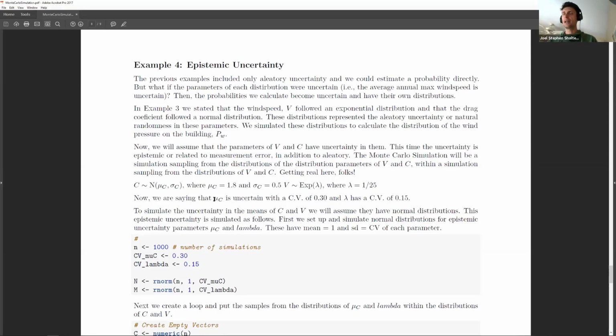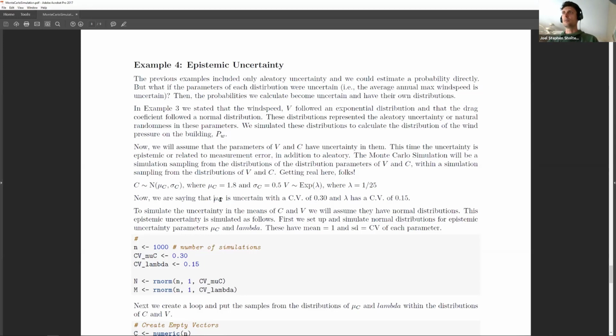Now we're going to say that the parameters of the pressure, C and V, coefficient of variation and velocity, have their own distributions, so we're one level deeper.